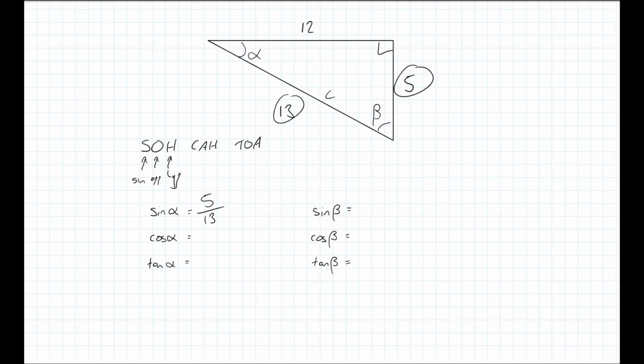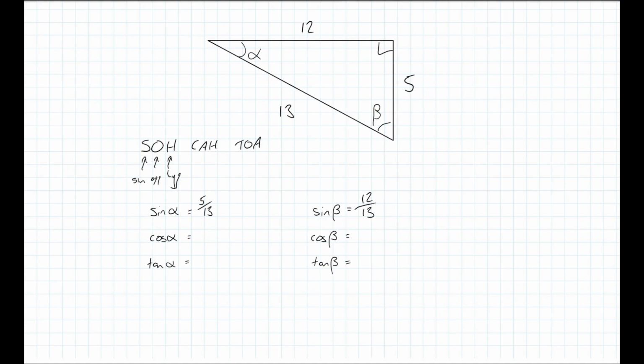If I was asked, however, to do the sine of beta, I'm still going to do the opposite over the hypotenuse, but the opposite side is now 12, not 5, because I'm going opposite this angle instead. So I'm going to do 12 over 13 if I'm doing the sine of beta. If I was asked to do the cos of alpha, I would do cosine, adjacent over the hypotenuse.